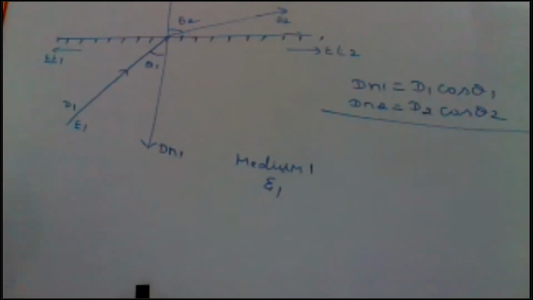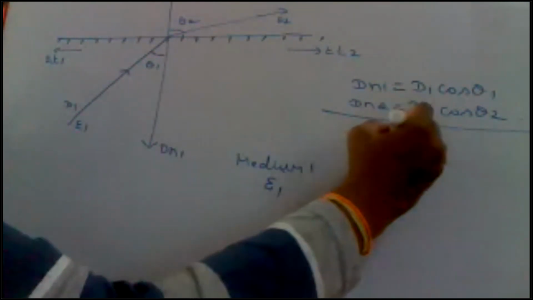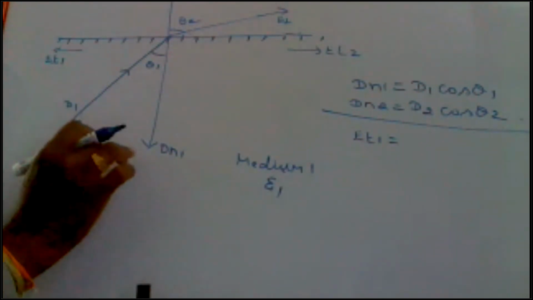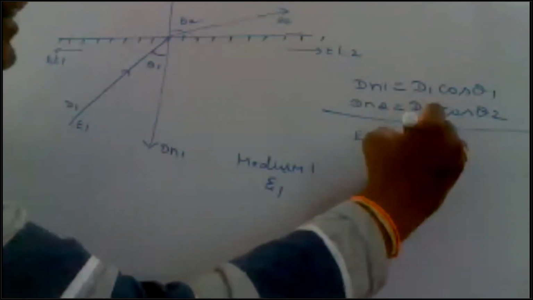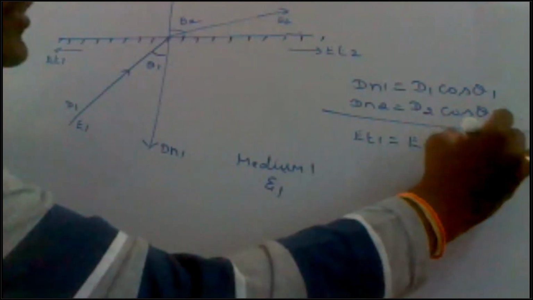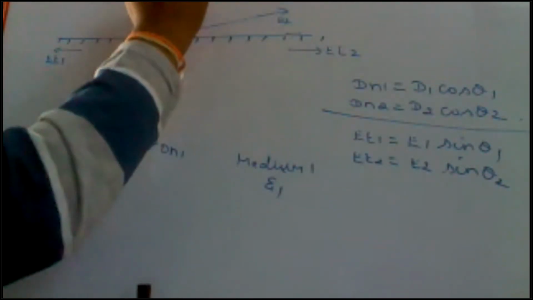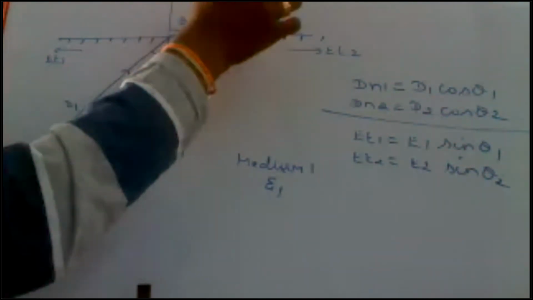சரியா? நான் எழுதுற ஈக்குவேஷன்ல யாருக்காவது டவுட் இருக்குன்னா சொல்லுங்க. In the same way I am writing the expression of et1. et1 இங்க வருதுங்க, இது என்ன சைடு? ஆப்போசிட் சைடு. ஆப்போசிட் சைடு அப்படின்னா sin வரும் இல்லையா? sin theta1 e1, so I can write it as e1 sin theta1. In the same way et2 வந்து என்ன ஆகும்னா e2 sin theta2, because et2 is here, so if I take this side it becomes opposite by hypotenuse.